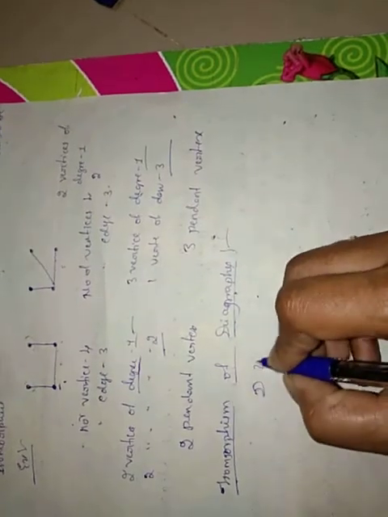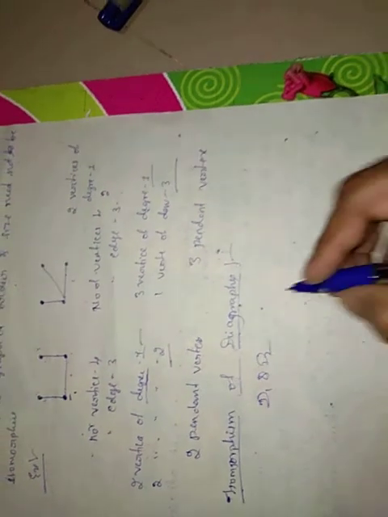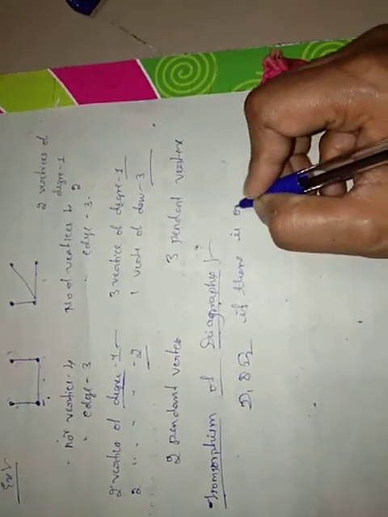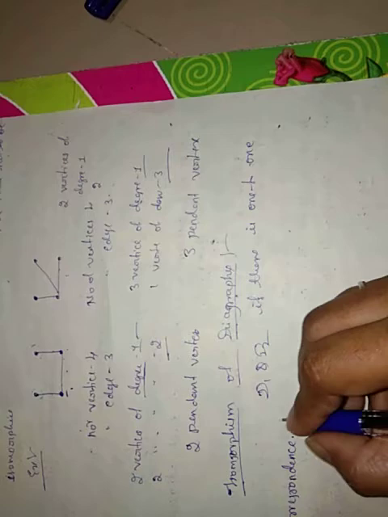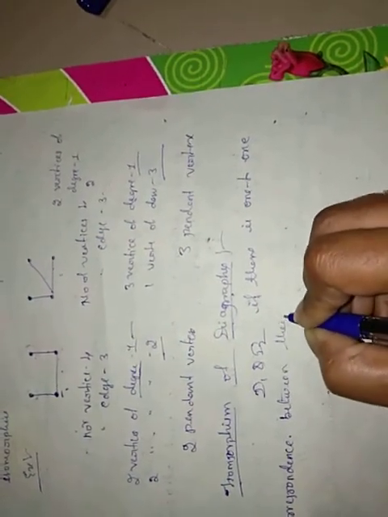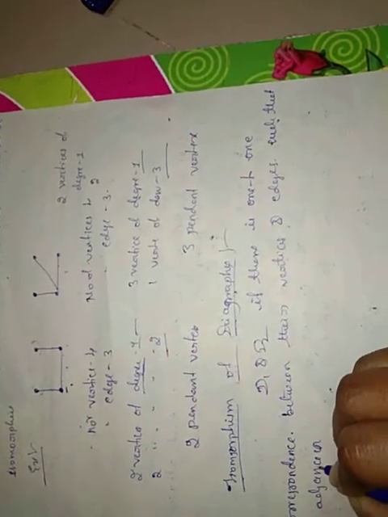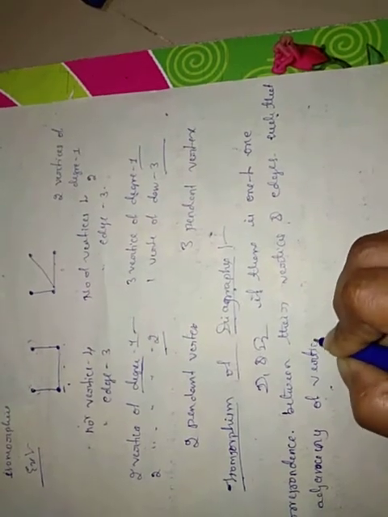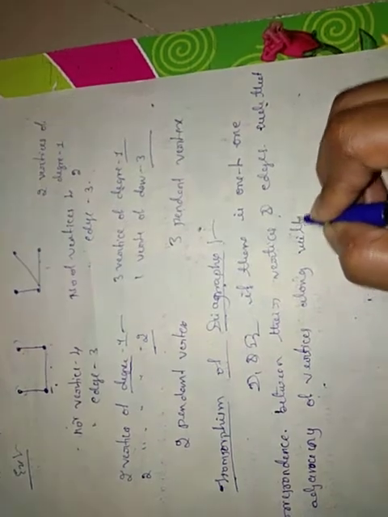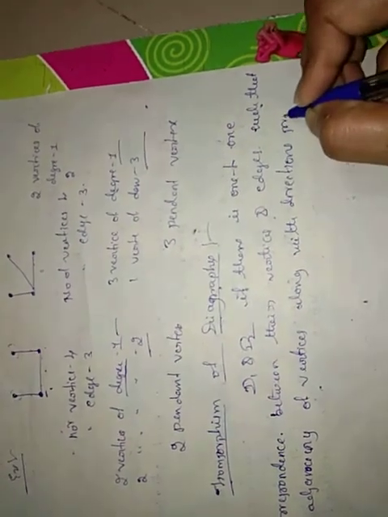So two digraphs D1 and D2 are said to be isomorphic if there is a 1-to-1 correspondence between their vertices and between their edges also, such that adjacency of vertices along with the directions must be preserved.